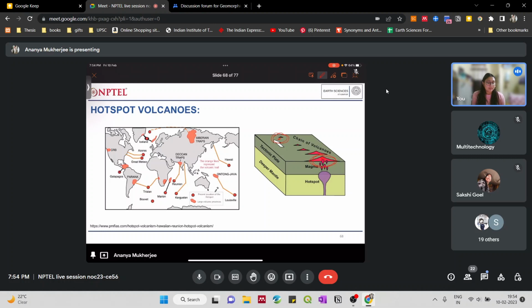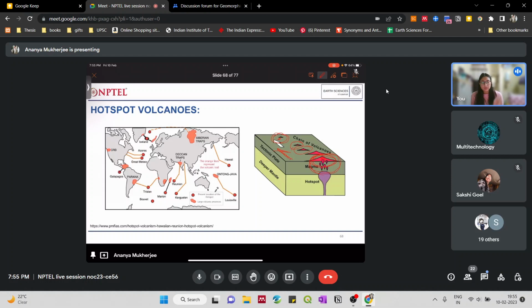Then the plate moved, so the next seamount was on top of the hotspot, the mantle plume. Then as the tectonic plate moved again, this was the one which was created, and because of this movement of the tectonic plate, this new hotspot exists.